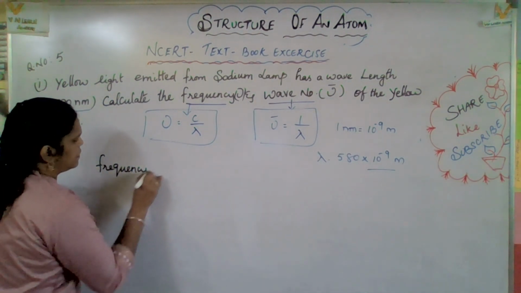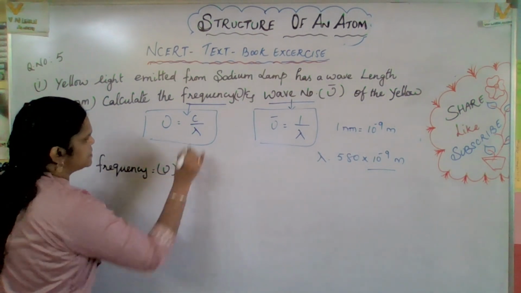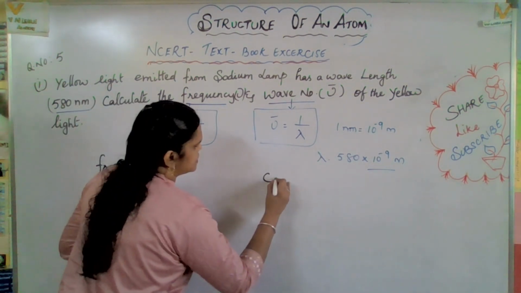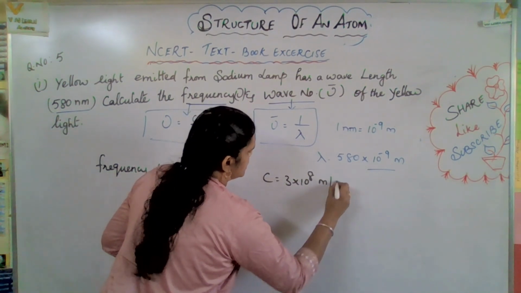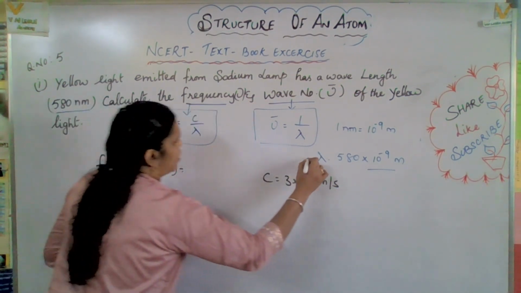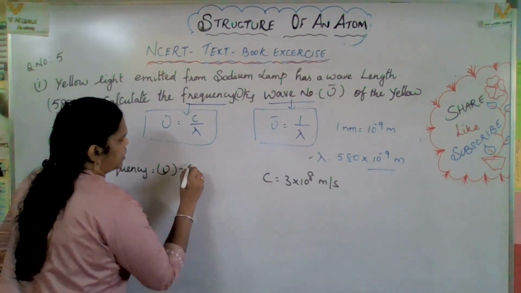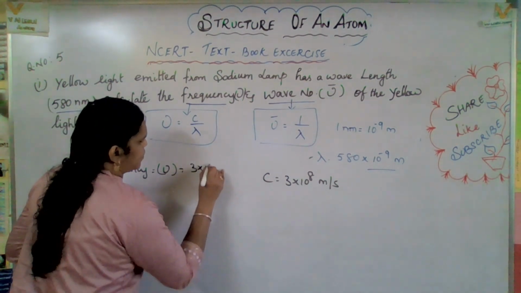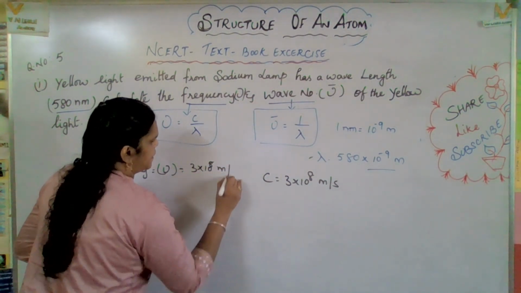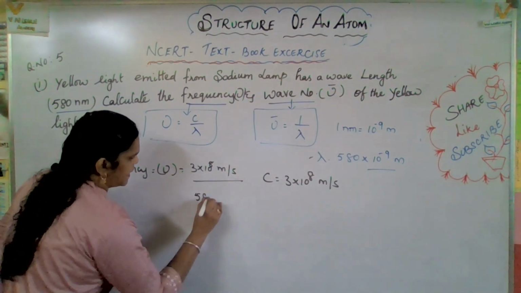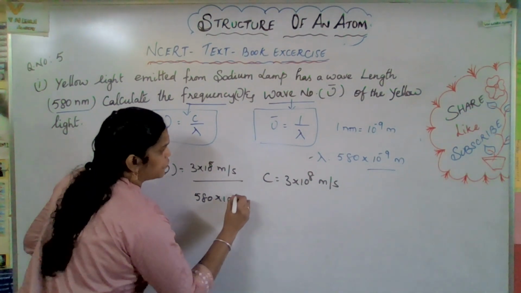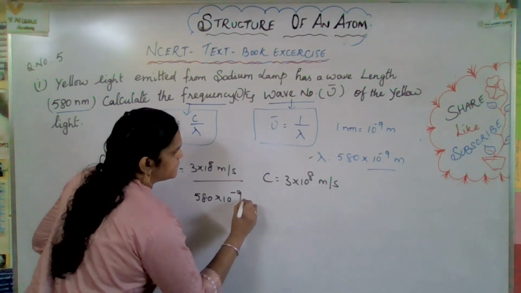Frequency nu is equal to c by lambda. c is 3 into 10 to the power of 8 meter per second, and the lambda is already given. So 3 into 10 to the power of 8 meter per second divided by 580 into 10 to the power of minus 9 meter.